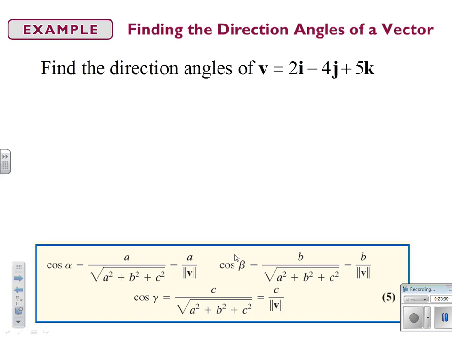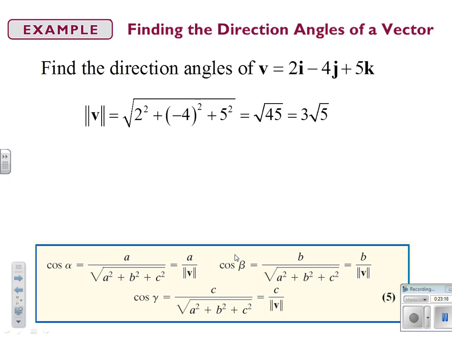So if we wanted to find the direction angles for 2i minus 4j plus 5k, you're definitely going to need the magnitude first. So we find the magnitude by taking each coefficient, squaring it, adding them together, and taking the square root. We get square root of 45 equals 3 root 5.